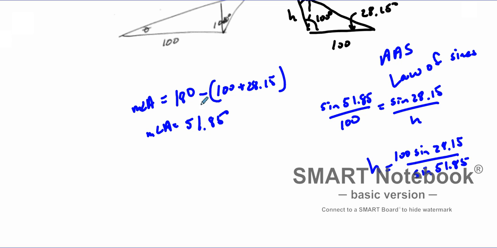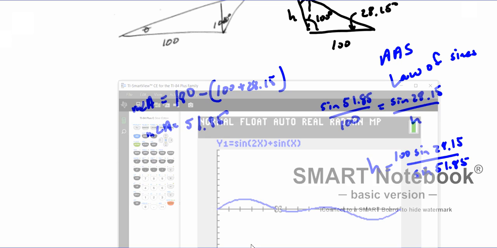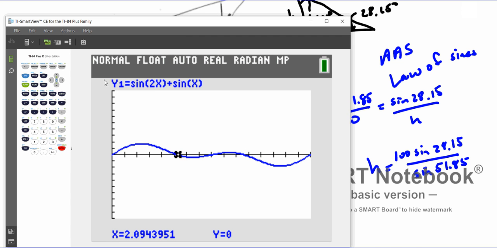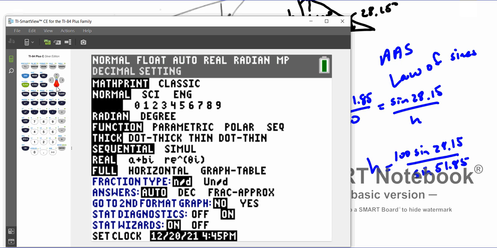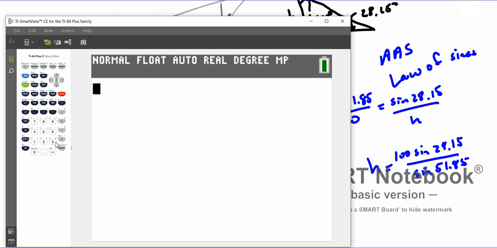So put this in your calculator. Now this is in degrees, so make sure you change your mode. Go down here to degree. I'm going to clear this. We have 100 times the sine of 28.15, and we divide that by the sine of 51.85.